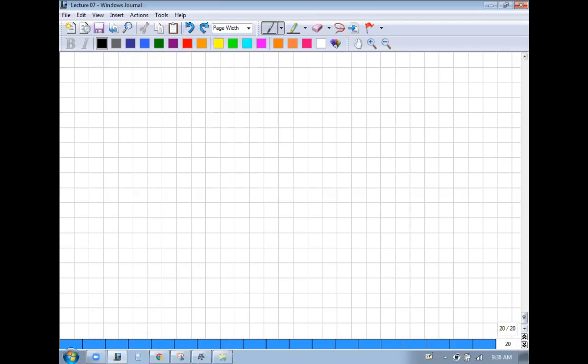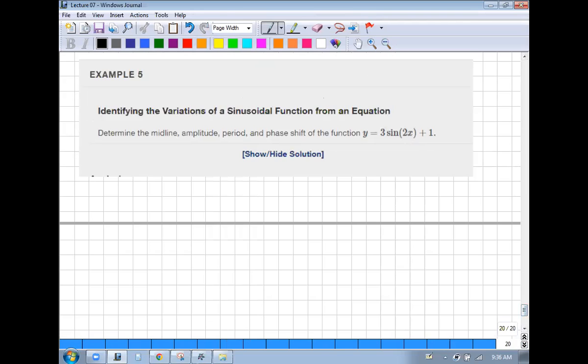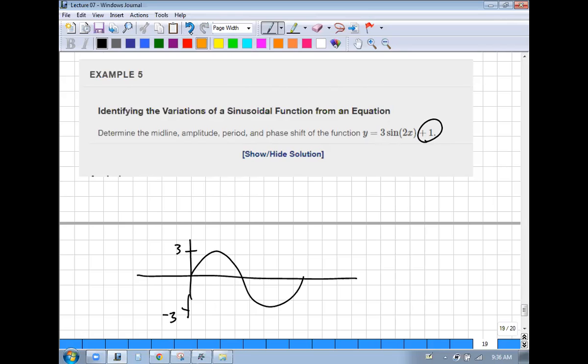So if we have 3 sine 2x plus 1. Okay, well, normally we would do this, and it would be between -1 and 1, but that 3 says it's between -3 and 3. This plus 1 says it gets moved up 1, so we'll move it up 1, where the midline is.